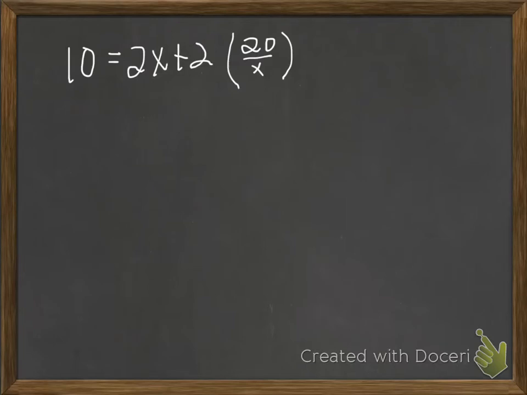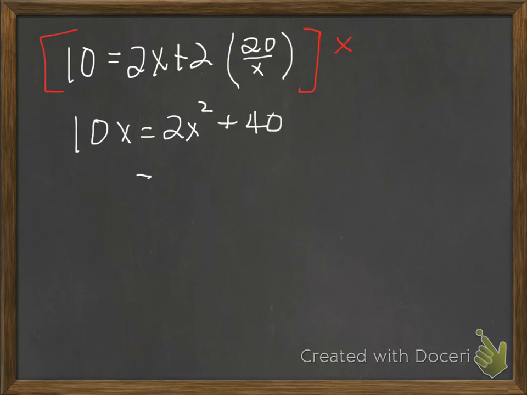So what we would do is multiply through both sides by x. We would get 10x equals 2x squared plus 40. We would then set it equal to 0. Now we can just look at the discriminant.